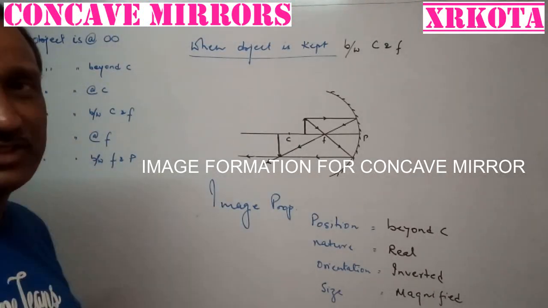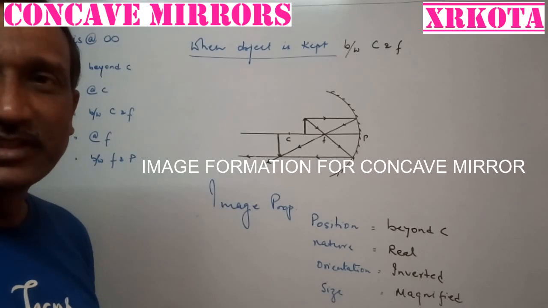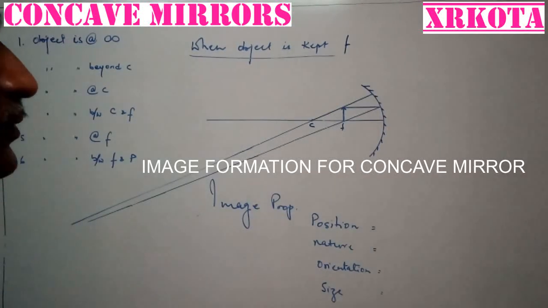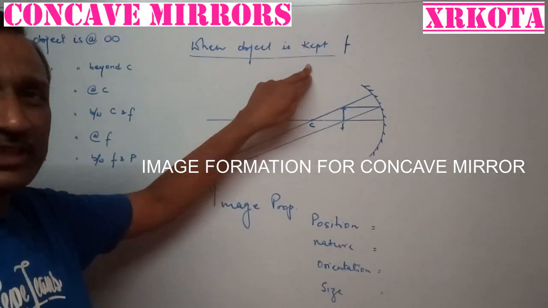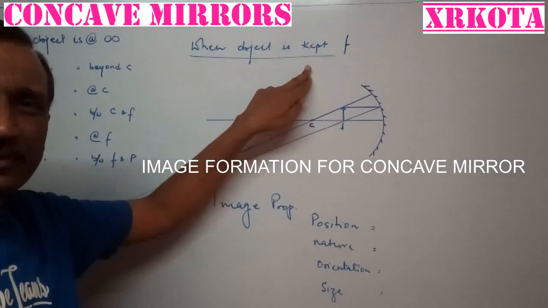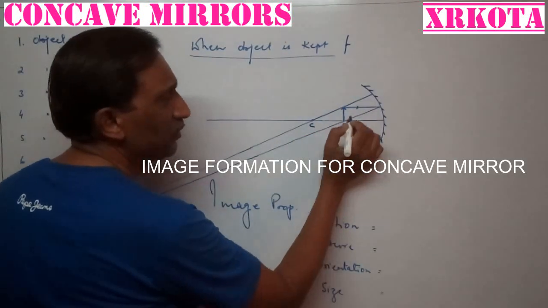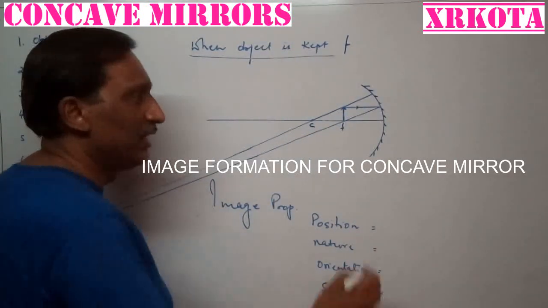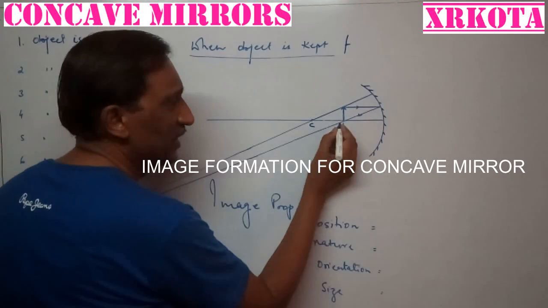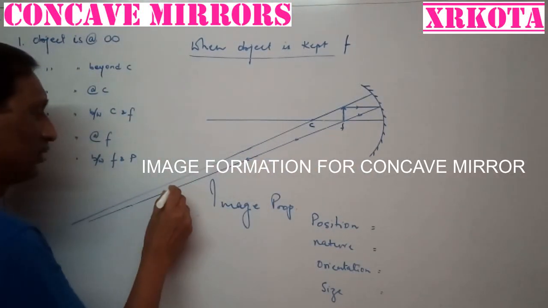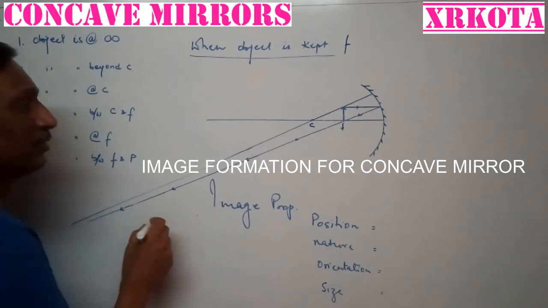Next we shall study when the object is kept at F. When the object is kept at F, a ray running parallel to the principal axis from the tip of the object after reflection passes from F, going on and on.